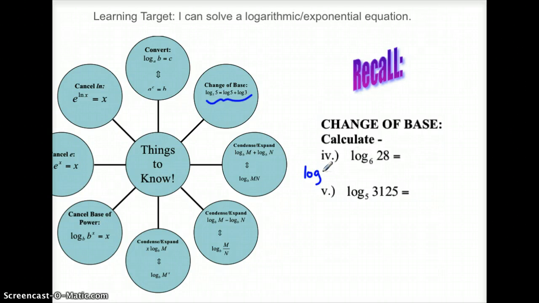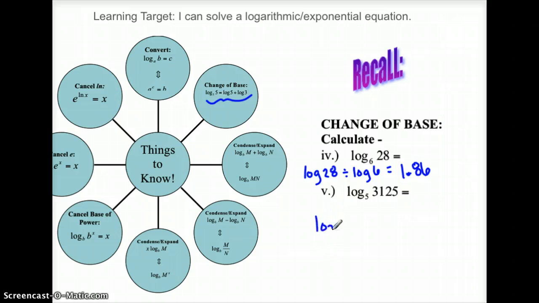I would type it as log of 28, notice it's the second number, divided by log of 6. Be careful if your calculator automatically pops up parentheses, make sure you end them. Log of 28 divided by log of 6 will equal, I'll round to 2 places, 1.86. So try it out on your calculator and see if you get the same decimal.